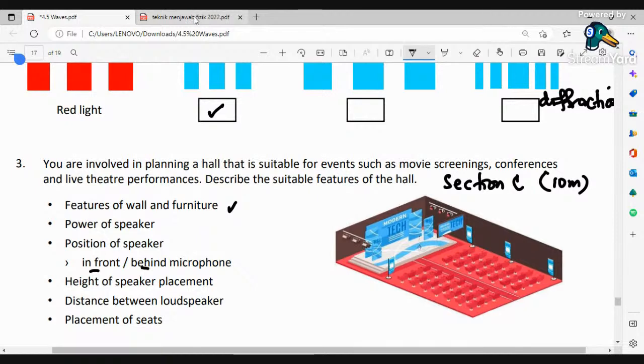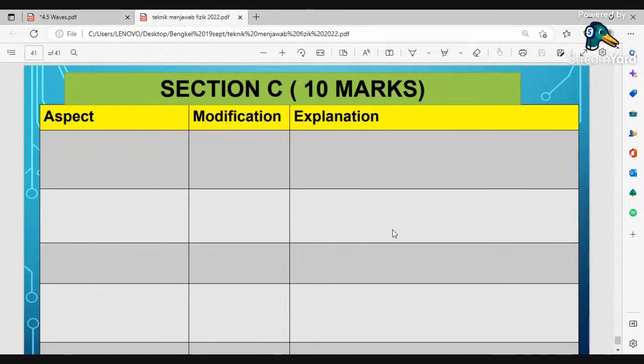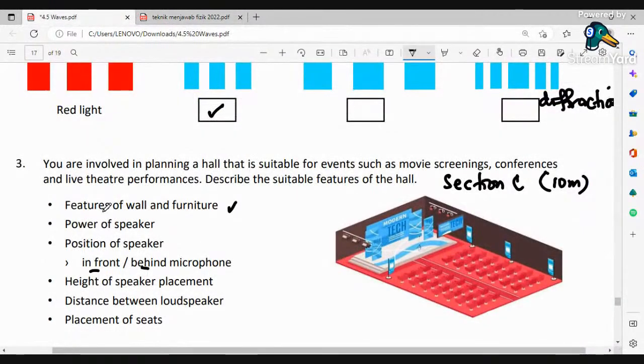I will use this one for section C, so I will copy down all the aspects. You have 3 columns like this. Aspect, features of wall and furniture. From here you can get 2 points. Power of speaker, position of speaker.